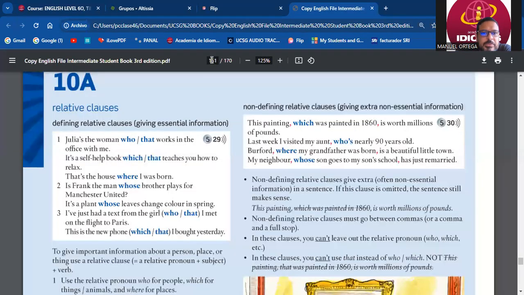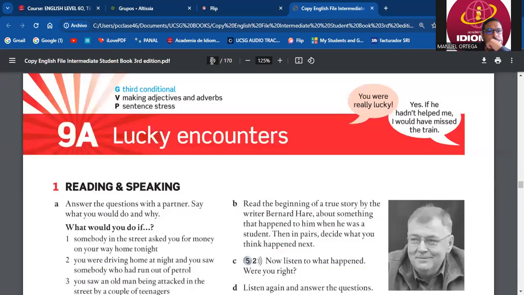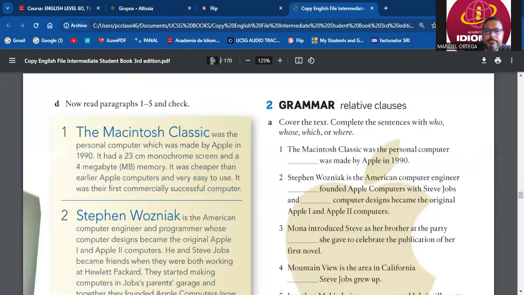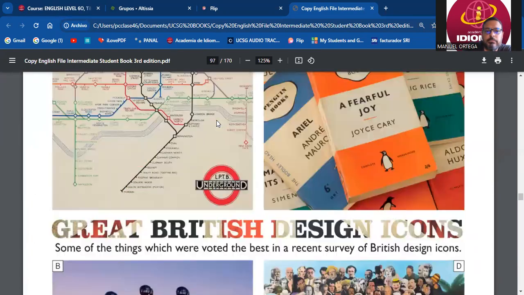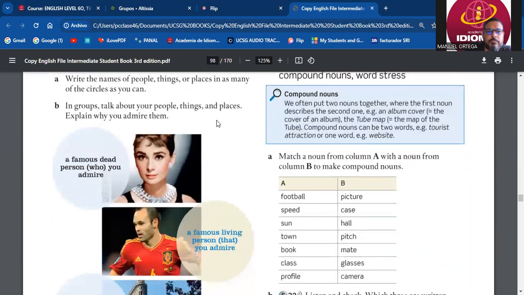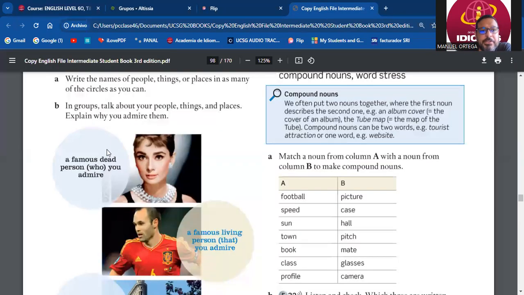Let me show you here. What we are observing in the platform here refers to these ones.